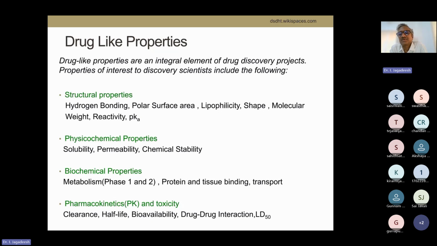The shape, which depends upon the pocket that is present. Molecular weight, obviously less than 500. Reactivity and pKa are also very important, because most of the drugs are weakly acidic or weakly basic. At 7.4 pH, how they behave, we need to consider at the end.